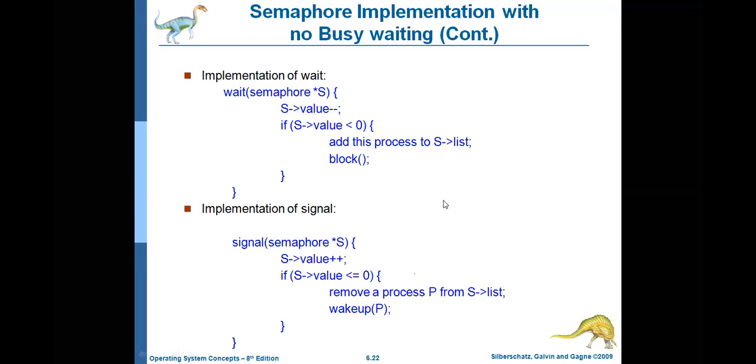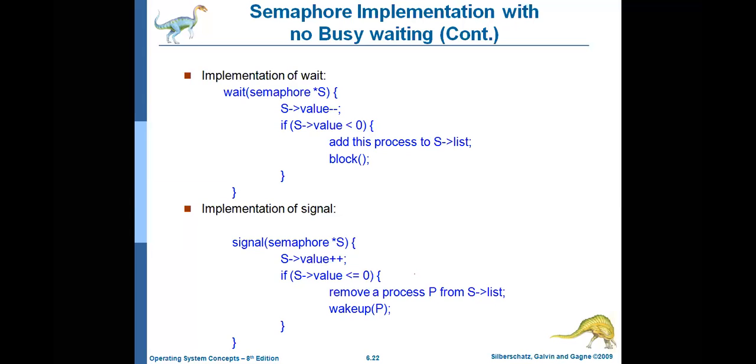Again, that process will perform the wait operation and it will enter the critical section. After using the critical section, again it will perform the signal operation. Whenever it performs the signal operation, one more process will be removed from the list, perform the wait operation, and enter the critical section.